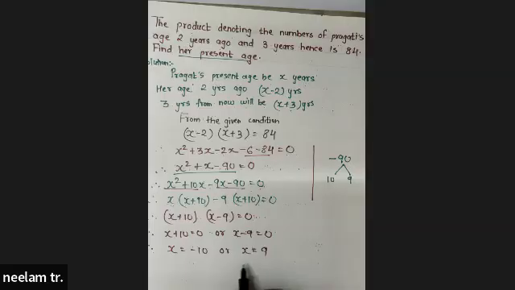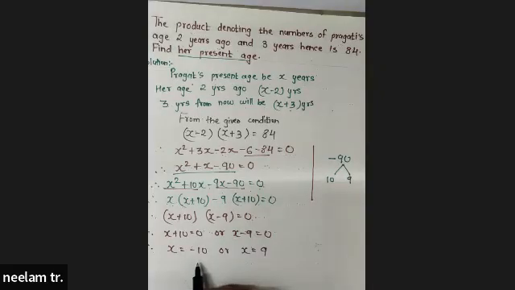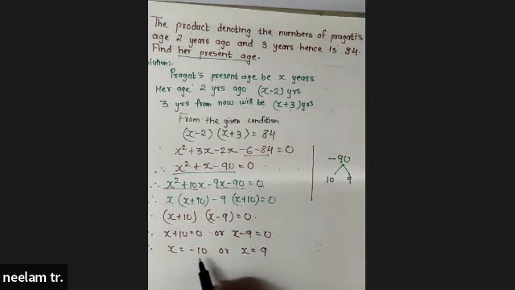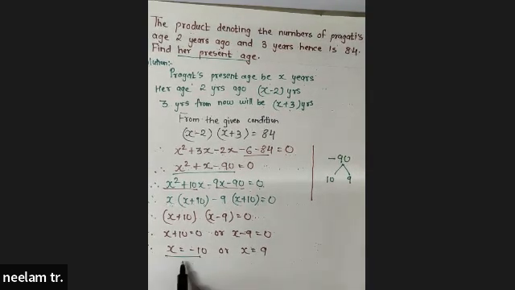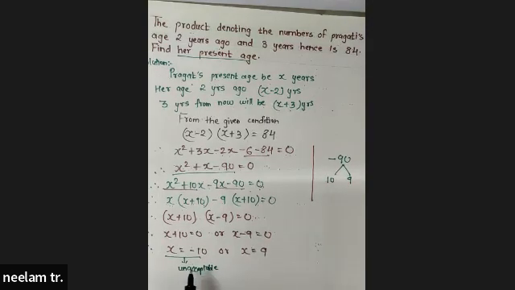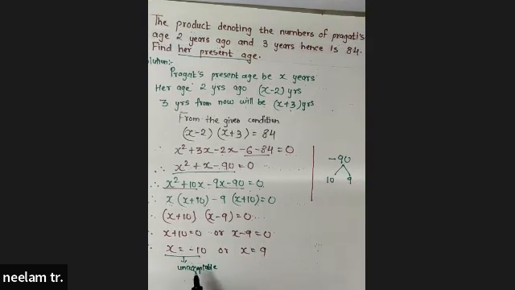Very good, 9. I'll take 9. Why not minus 10? Because age will never be negative. Very good. So this value is unacceptable.